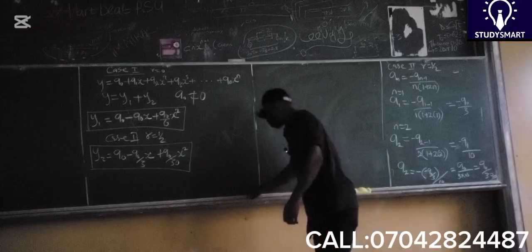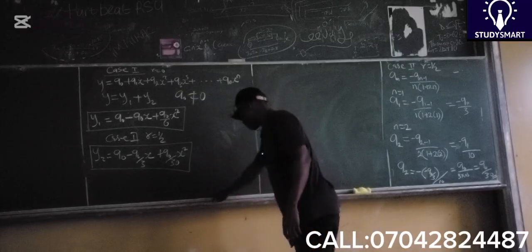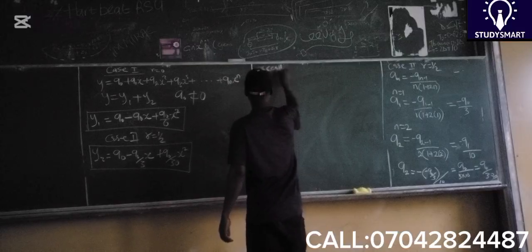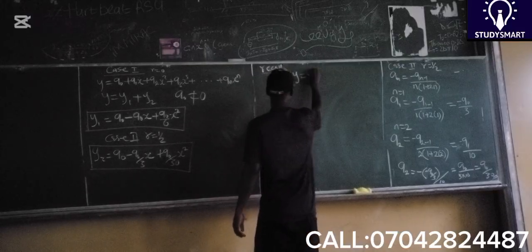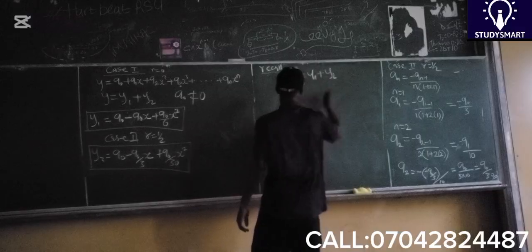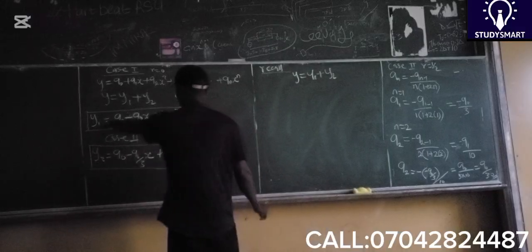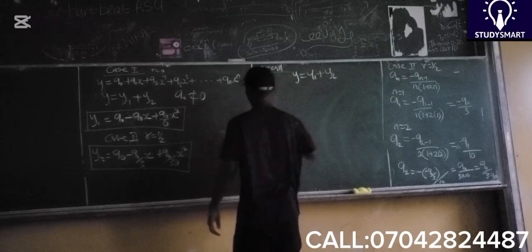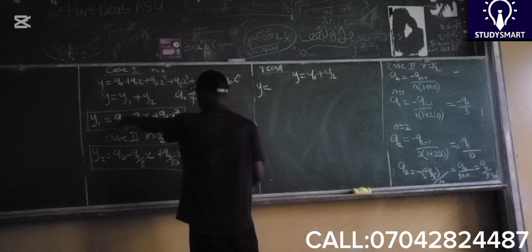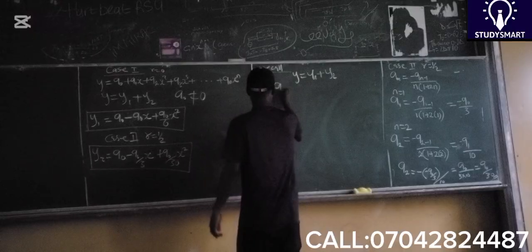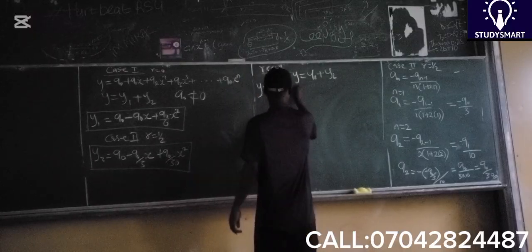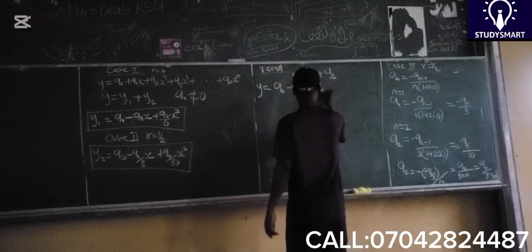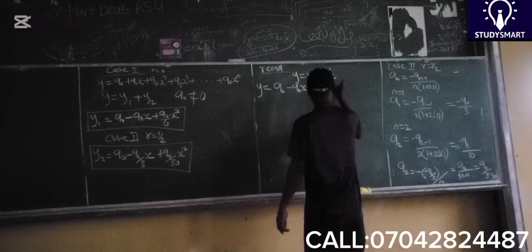If I do that, recall that y is equal to Y1 plus Y2. So my Y1 becomes the whole of this expression: a naught minus a naught x plus a naught over 6 x squared.